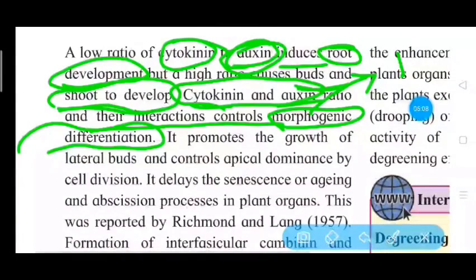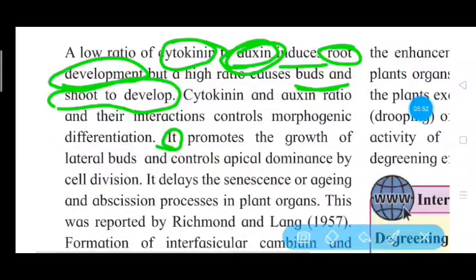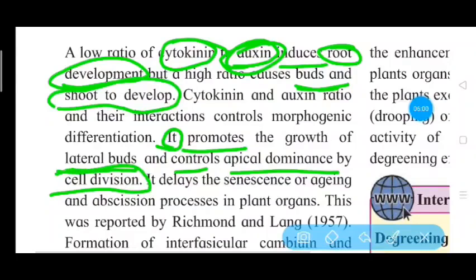If cytokinin is present more than auxin, then shoot growth takes place, and if cytokinin is present less than auxin, then root development takes place.